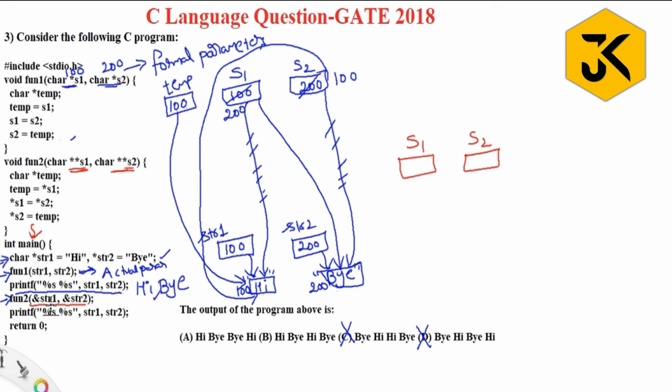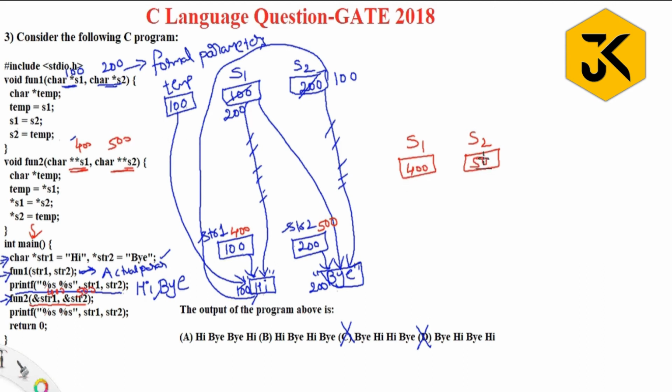With what values is it going to pass? Let us take the str1 address as 400 and the str2 address as 500. Then &str1 means it is going to pass 400, and this is going to pass 500. The 400 and 500 will be stored here.